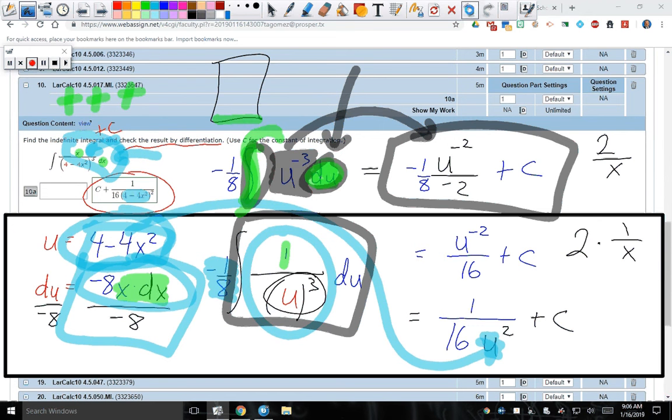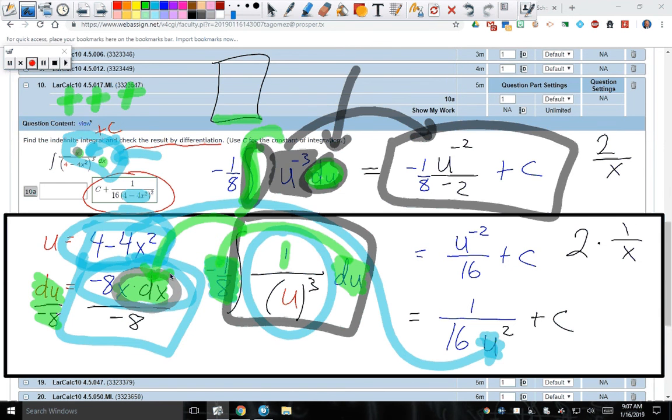Oh, okay. So finally, and I think this is probably the last question that most people have, is where did the x go? Remember, the x dx has now been replaced with negative 1/8 du. So here, negative 1/8 du is where, on the original problem, x dx used to be.